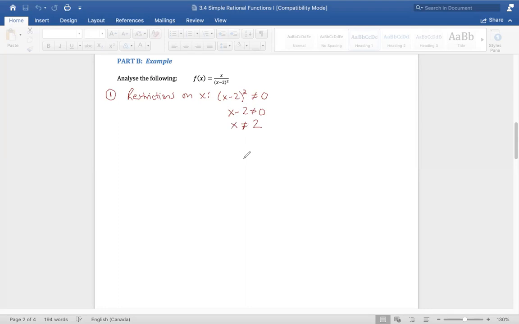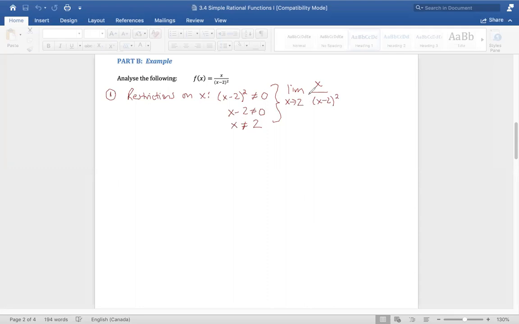So what is happening here? In order to figure out my vertical asymptote, let's look at the limit of what's happening when I'm approaching 2. So what is the limit as x is approaching 2? Again, from chapter 1, I write out my original equation, x over x minus 2 squared, and I just plug in what I'm trying to figure out the limit of.